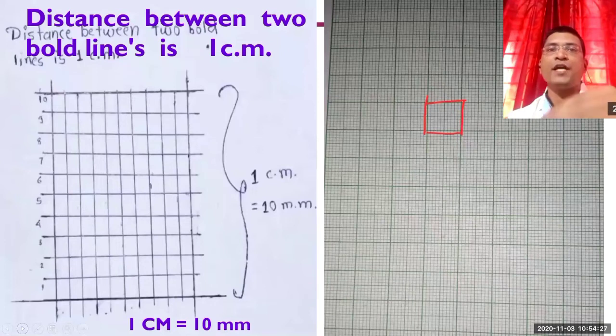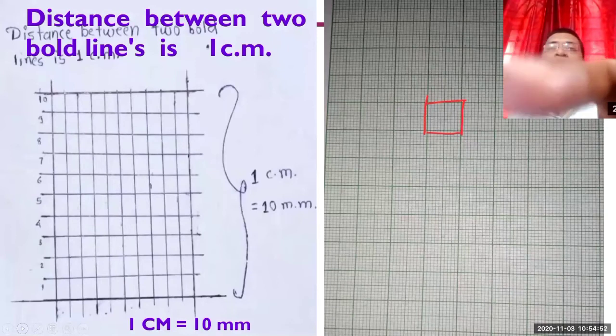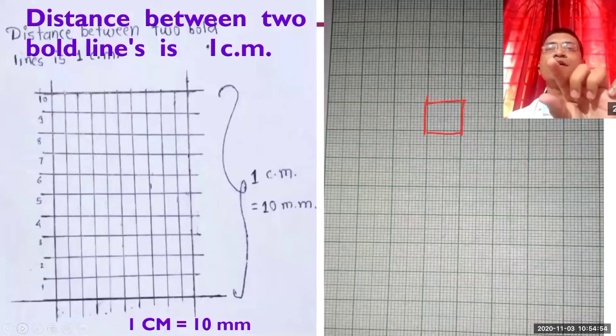You may get confused. So count 7 small lines after 50, not bold lines, small lines: 1, 2, 3, 4, 5, 6, 7. Then draw up to 57. Understood?